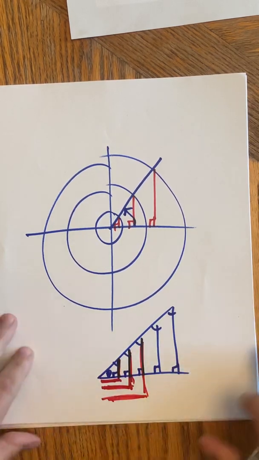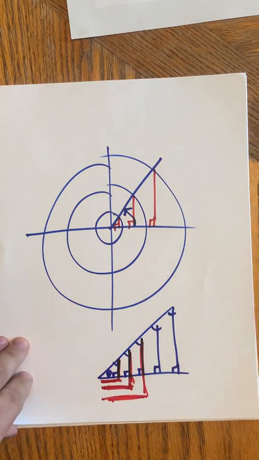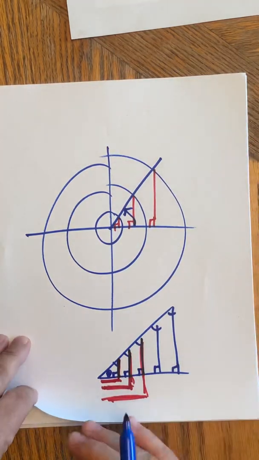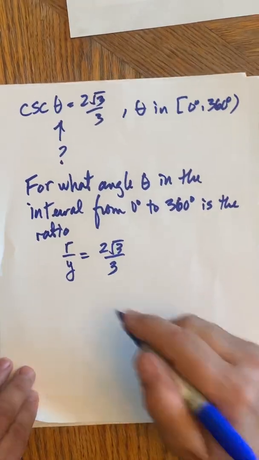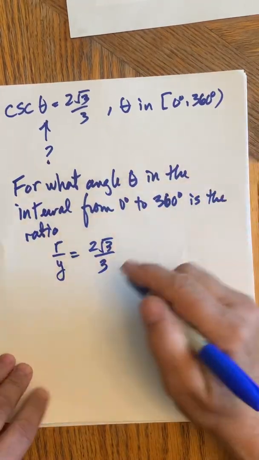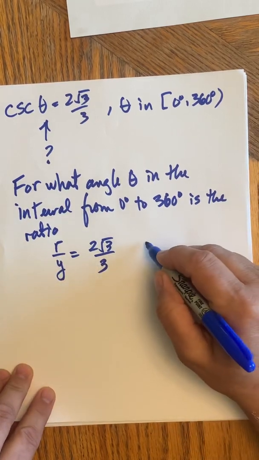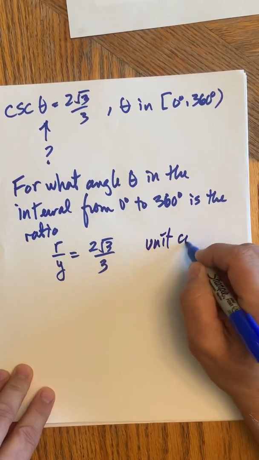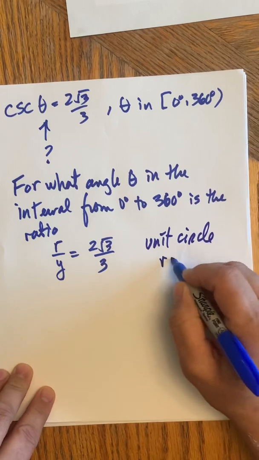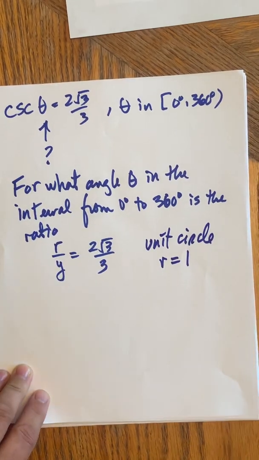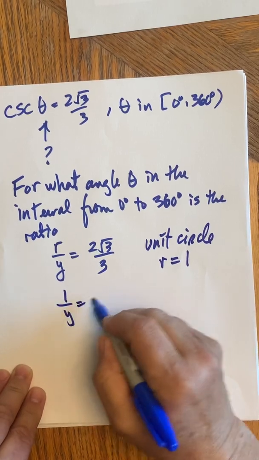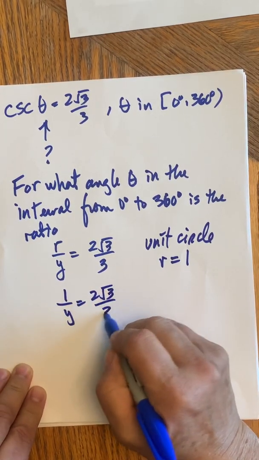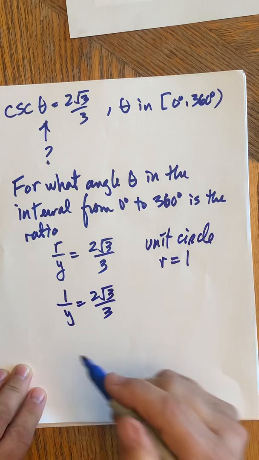And of course, there's only 6 ratios that are possible, so all 6 trig ratios are the same for that particular angle. That was a long-winded explanation, but it's why I can choose the unit circle, which I choose on purpose because the radius is a length of 1. So therefore I can say 1 over y is 2 square root 3 over 3, right?